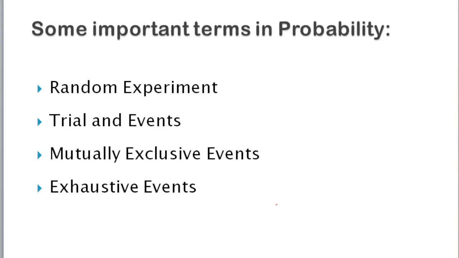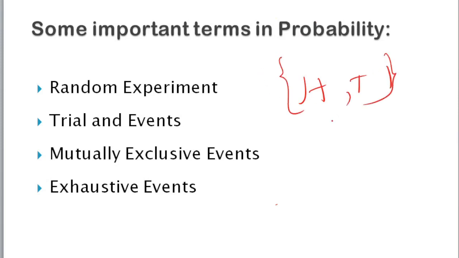The first one is a random experiment. With an example, suppose you are going to toss a coin. With an unbiased coin, there will be two faces, either head or tail.